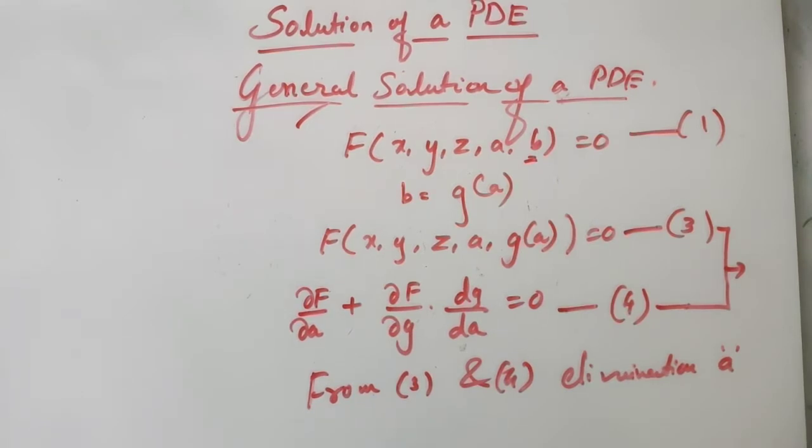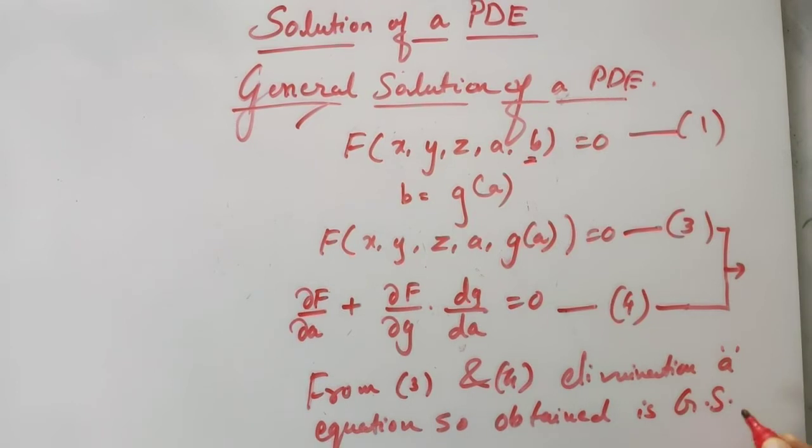On eliminating a, the equation so obtained is the general solution of the PDE. I hope this point is clear to all of you. Okay, so you need to remember all this: what is the general solution, what is the particular solution, and what is the complete solution.